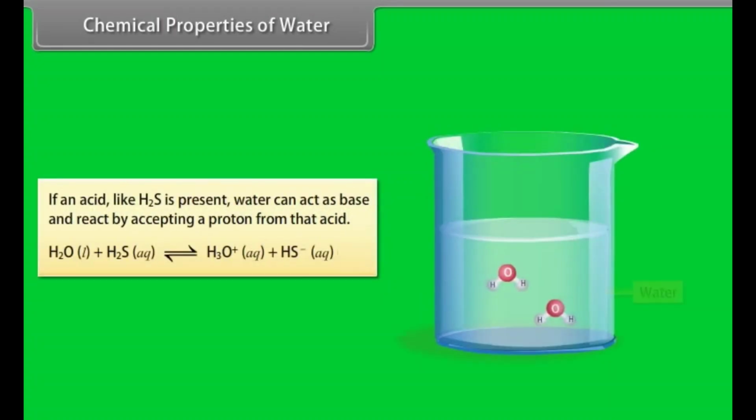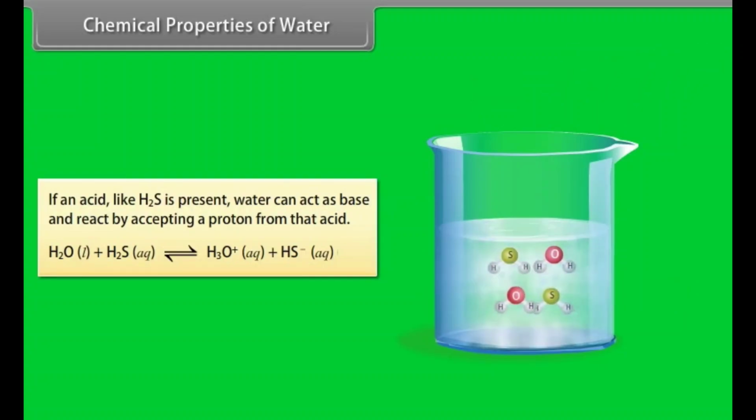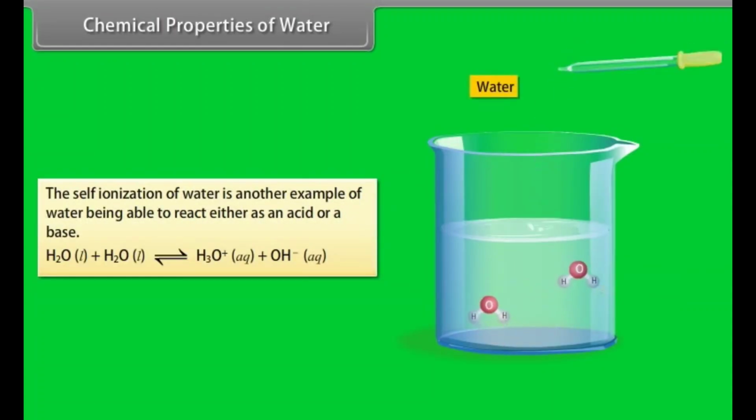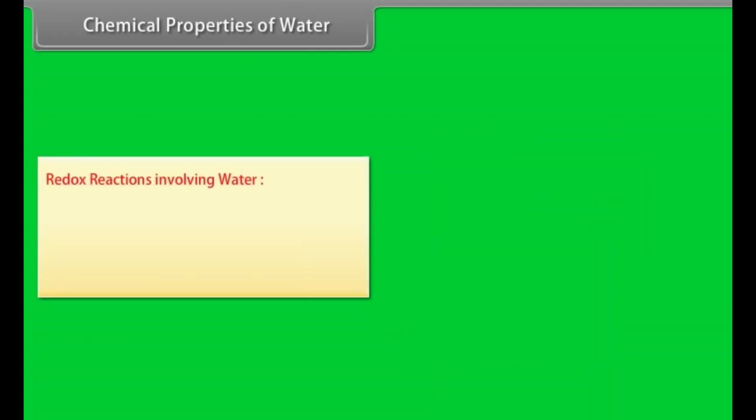If an acid like H2S is present, water can act as a base and react by accepting a proton from that acid. The self-ionization of water is another example of water being able to react either as an acid or a base. Redox reactions involving water.